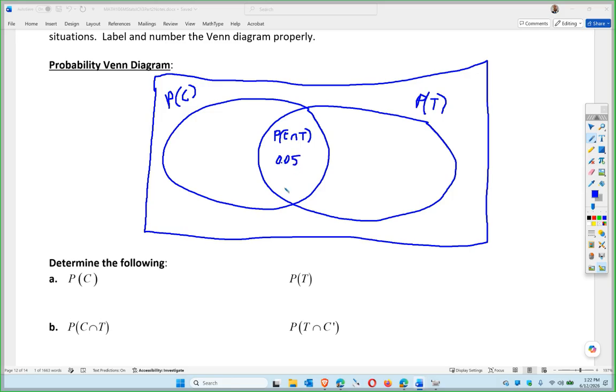Okay, so it said 40% for C, so you cannot put 40% here. That is not true. It's not 40% like the problem says, because the whole circle is 40%. Right? So we erase this. Because this right here specifically is the probability of gym membership and part-time, but you're not part-time here, correct?